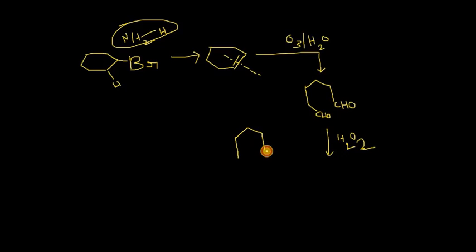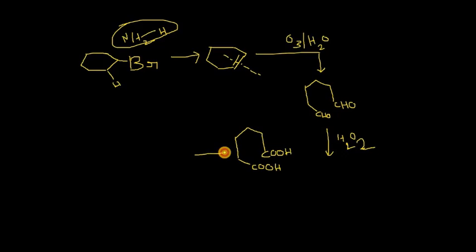What is the carboxylic acid functional group? That is COOH. So we will get COOH here, and COOH here also. So there are two carboxylic acid functional groups in this.